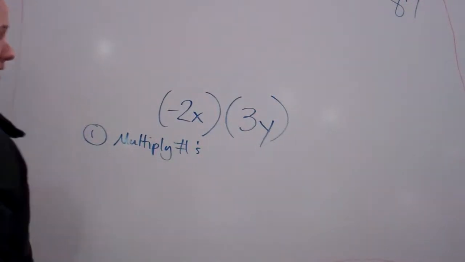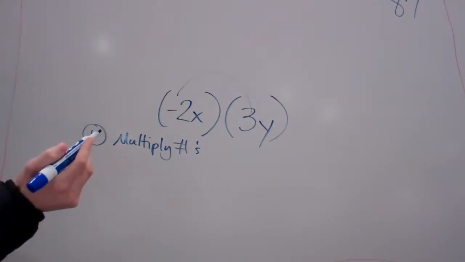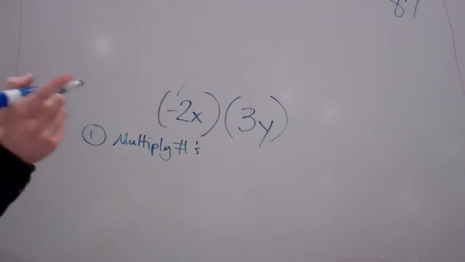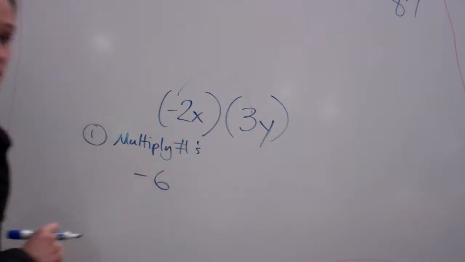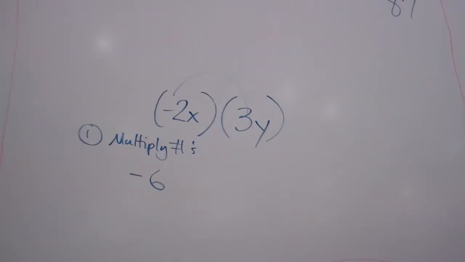Okay, and what would that give me? Negative 2 times 3. It would give me negative 6. Why is it going to give me negative 6? Because you have different signs. And different signs is a negative answer. Same signs, positive answer. All right?